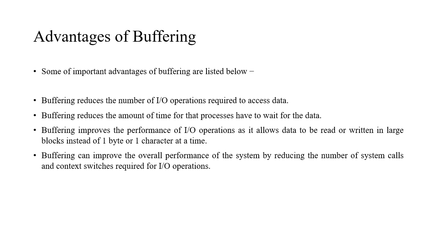Buffering can improve the overall performance of the system by reducing the number of system calls and context switches required for input-output. So you have understood that the main advantage of buffering is that retrieving data is faster than the other previous approaches, and it's very advantageous.